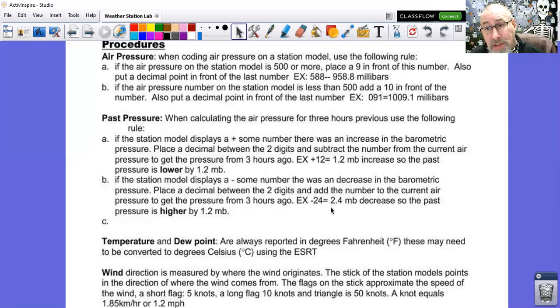So that translates to a 2.4 millibar decrease. So since it was decreasing, that means we have to add the 2.4 millibars. So we add that to our value. So that's how we handle the air pressures.